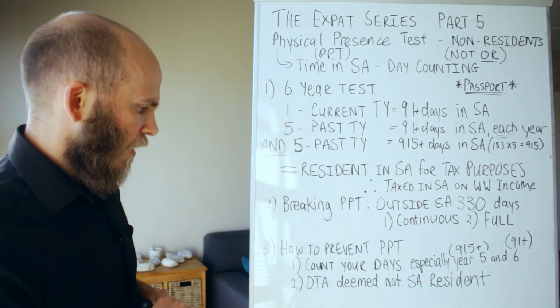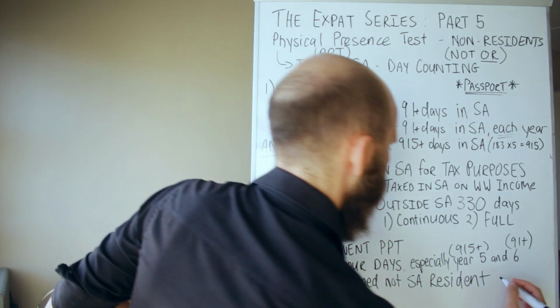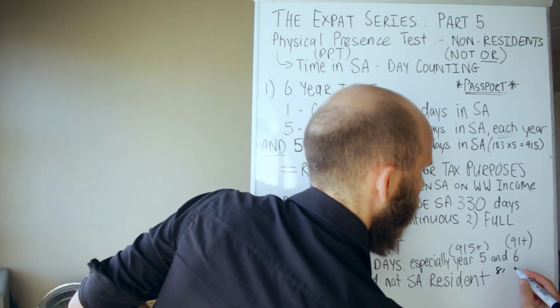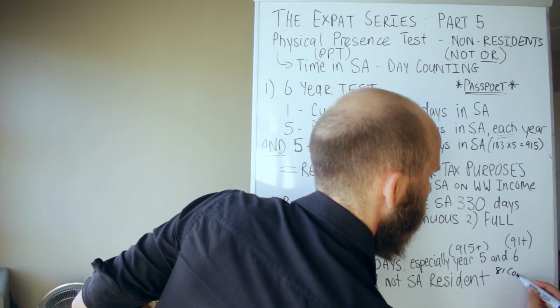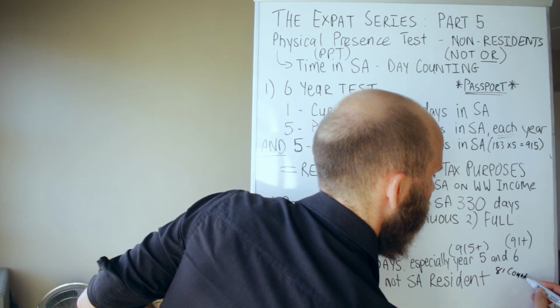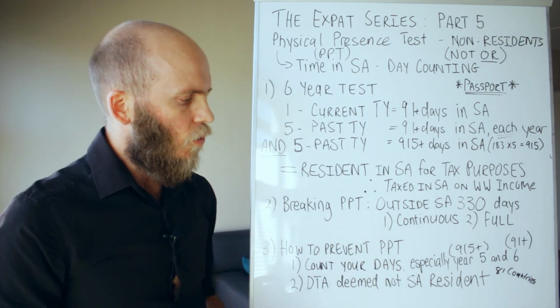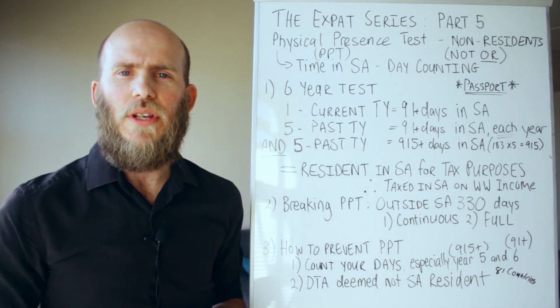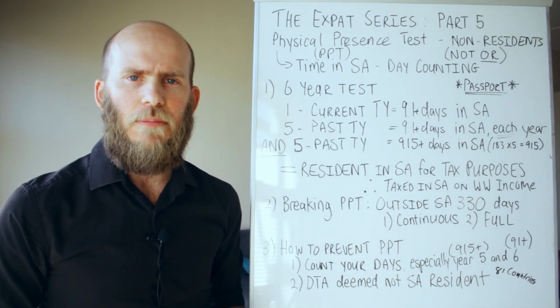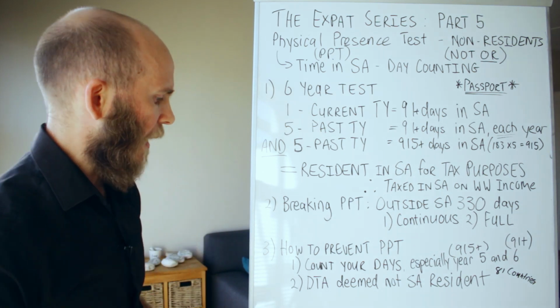And South Africa has DTA agreements with 81 countries, and those 81 are the majority of the countries that people go to or immigrate to or work in.